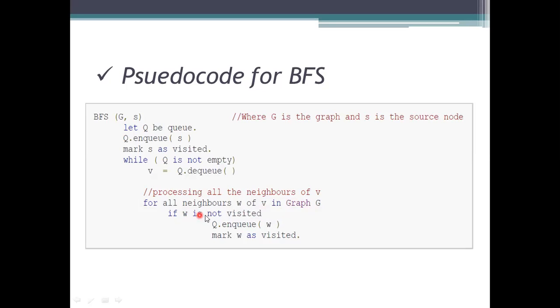Let's say that it is not a visited one. If the vertex we have specified is not the visited one, what happens here? We need to enqueue that value into W, and we need to mark it as visited.